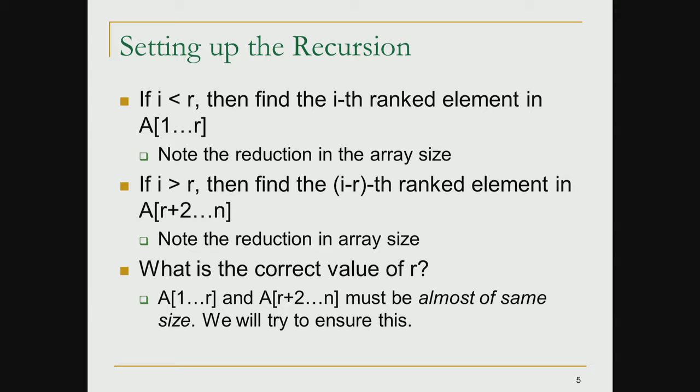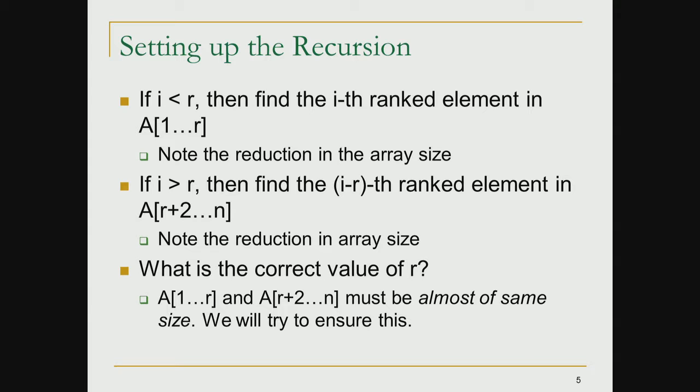This is indeed the most natural thing. r is larger than i, and all the elements whose indices are in the range 1 to r in the array A are indeed smaller than r, and therefore, the ith ranked element would also have an index smaller than r. Therefore, it is natural to search for the ith ranked element in the range a of 1 to a of r.